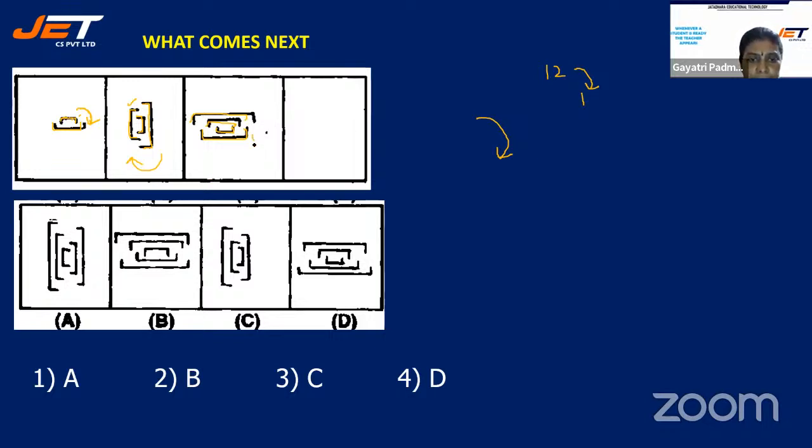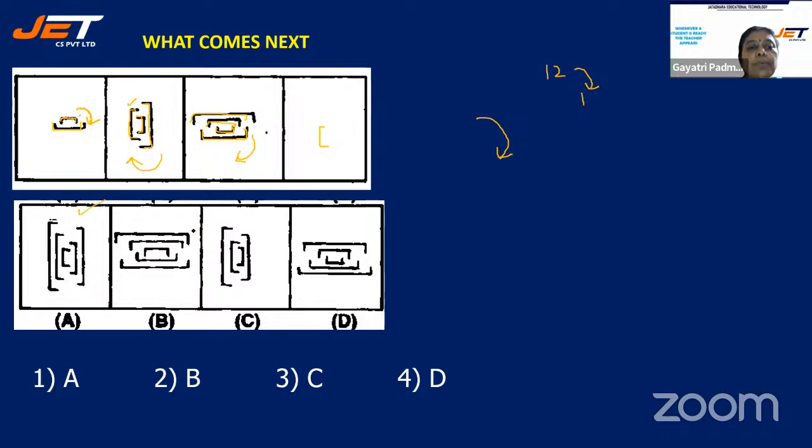So what happens? Still you are going to move it clockwise. So when you move it clockwise, what happens? Your smaller line will be this. All right. So when it moves, it should be only in a vertical.